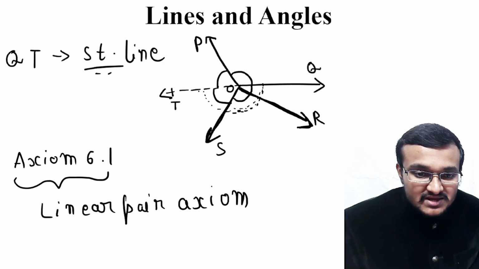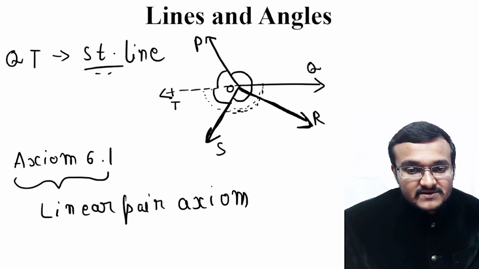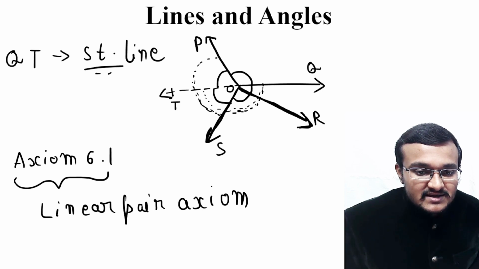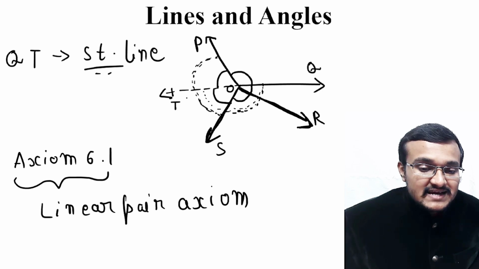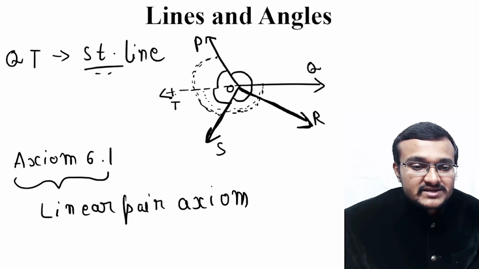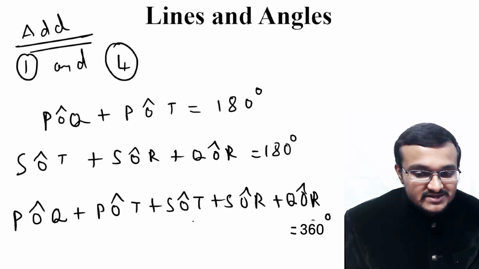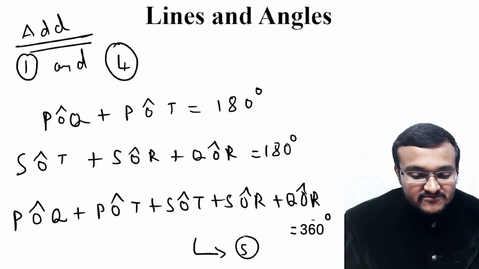Here you can see this OT is an imaginary line which is intersecting this particular total angle POS. So this total angle what you can see here, this is POS, and this angle is intersected by this OT ray. So that means here this entire POS is equal to POT plus SOT. So that means here we'll call this as equation 5.